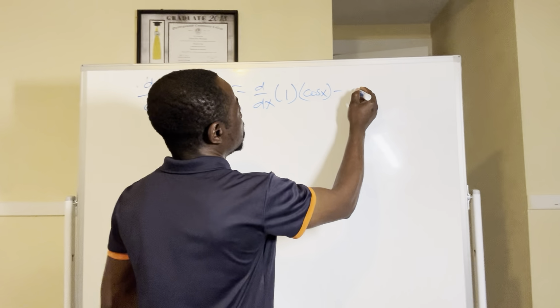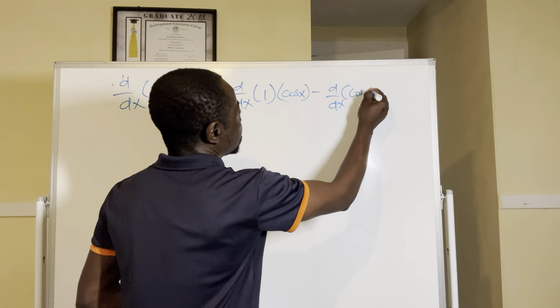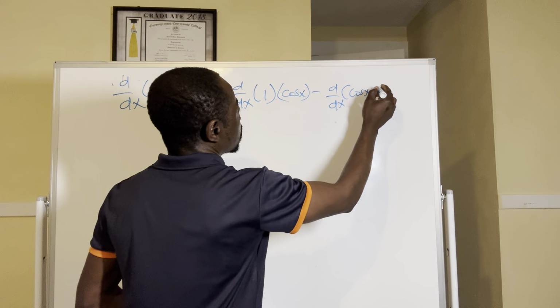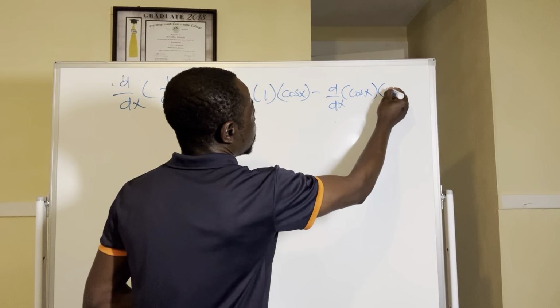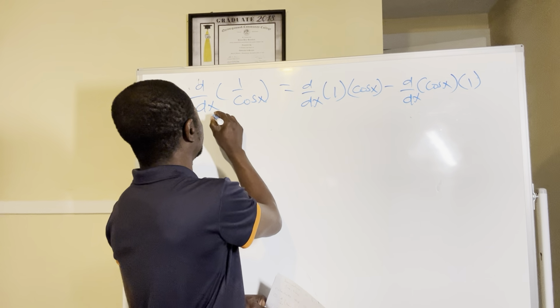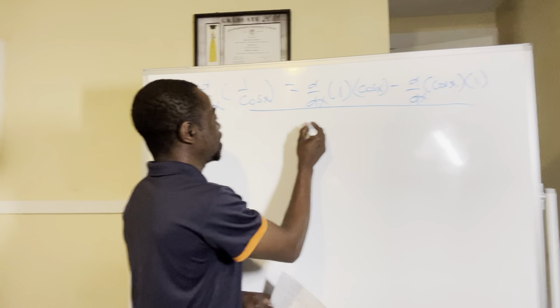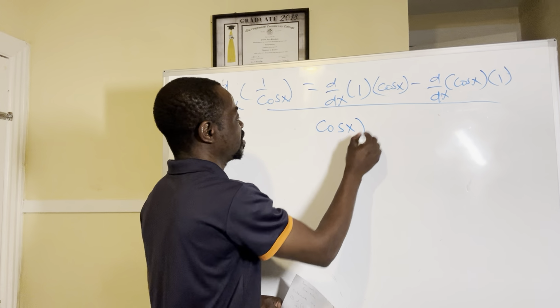So we have d dx of cos of x, then multiply by 1, and this is all over the guy at the bottom, then we square it.